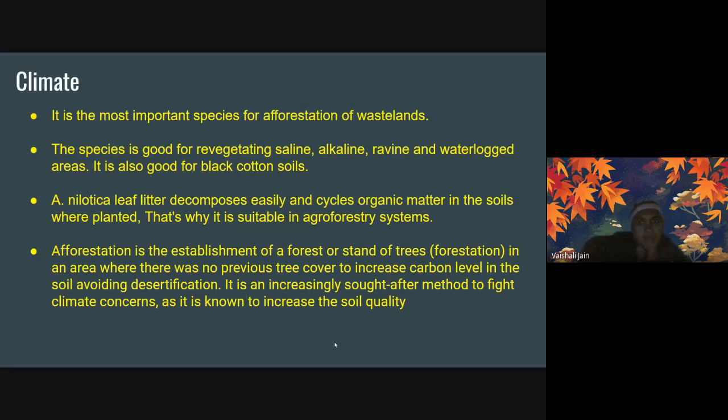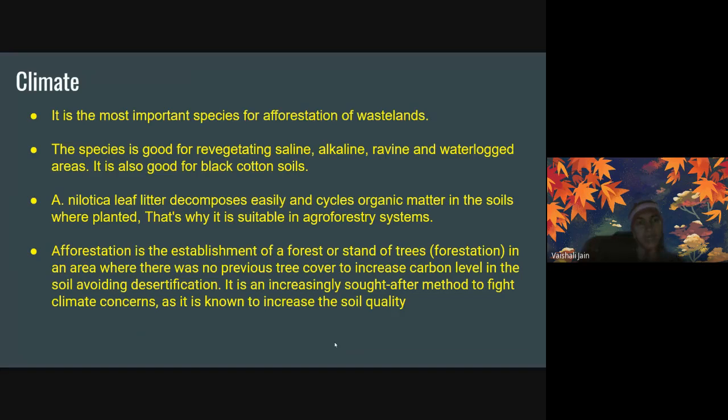And when I say waterlogged, that means there is a huge amount of water flowing, due to which the water gets logged. And black soil is also called black cotton soil because it is suitable for growing cotton. Also, black cotton soil is suitable for growing other plants like jowar and peanuts.